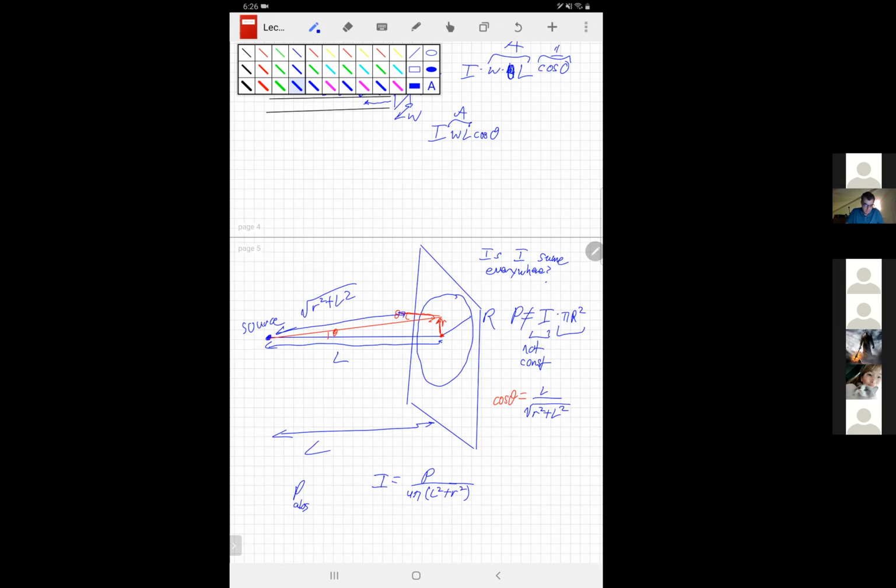So we can break up the surface into little elements, except that we could work in Cartesian coordinates. We certainly could do that. Why would we maybe not want to work in Cartesian coordinates? It's a lot of trig. I mean, we're going to be doing some trig no matter what we do. We already had to use the Pythagorean theorem to find that distance and to find cosine theta.